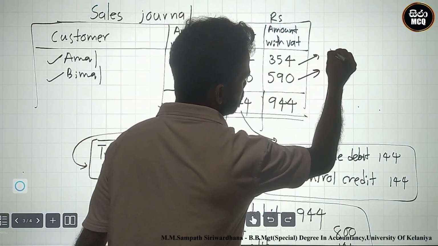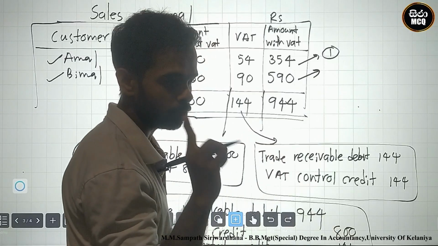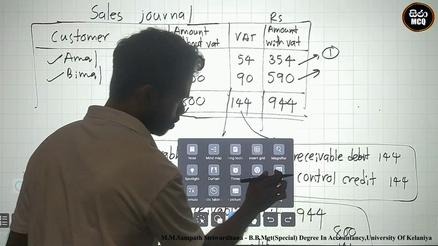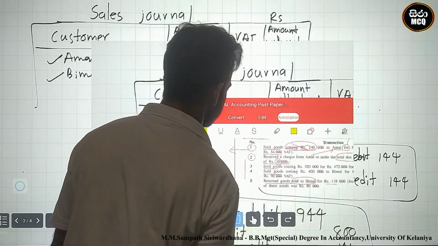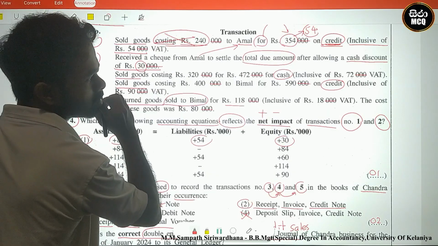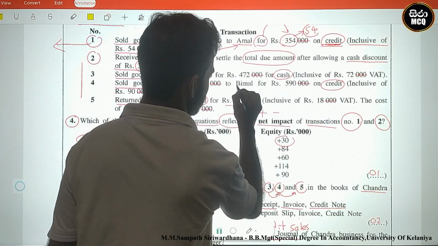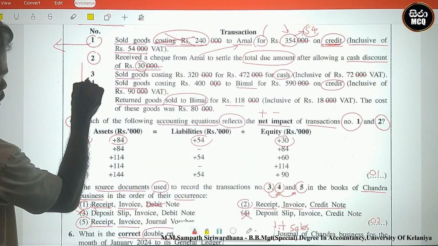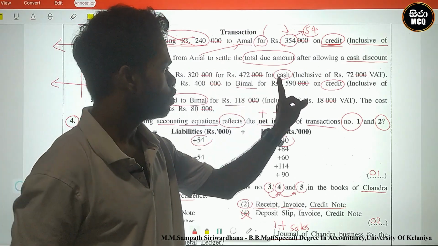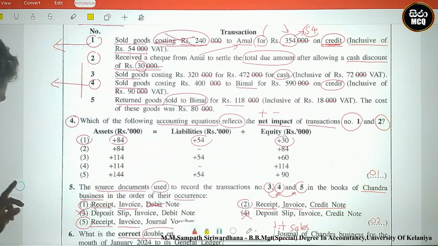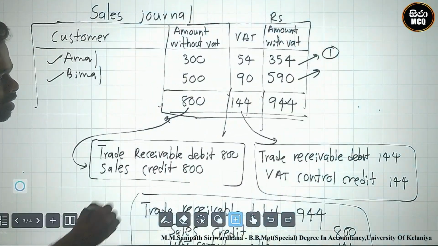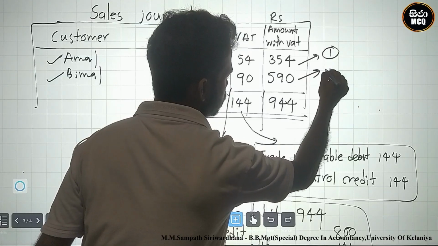Number 1 is okay, already entered. What is the other transaction? Sold goods on credit to Bimal, transaction number 4, already done. 590, look here, this one, Bimal.